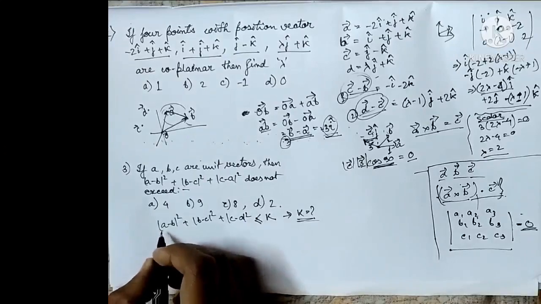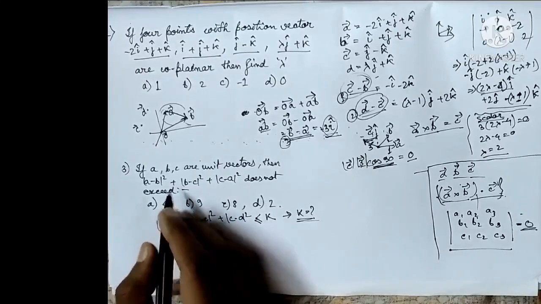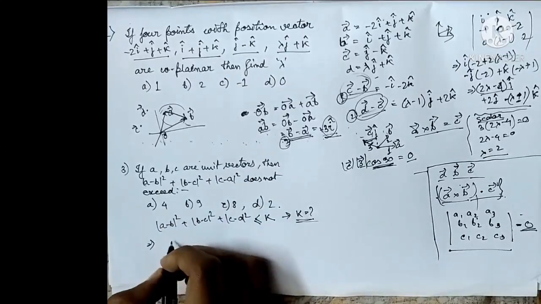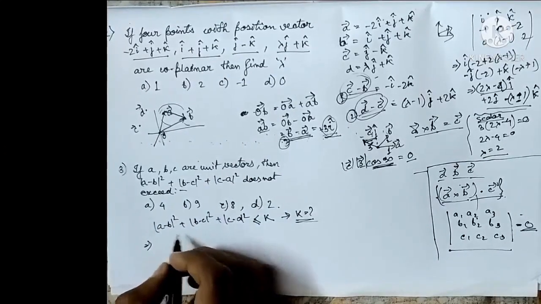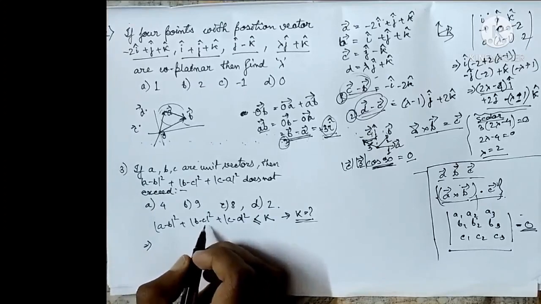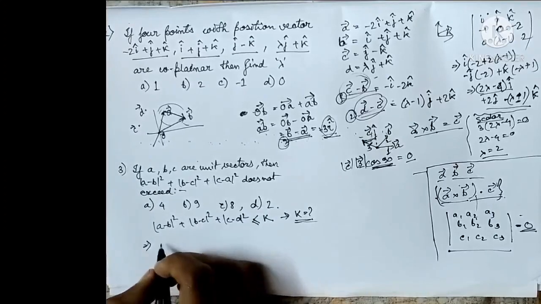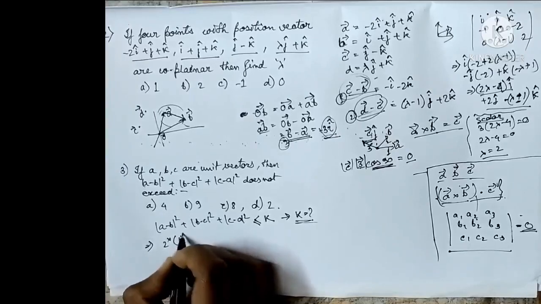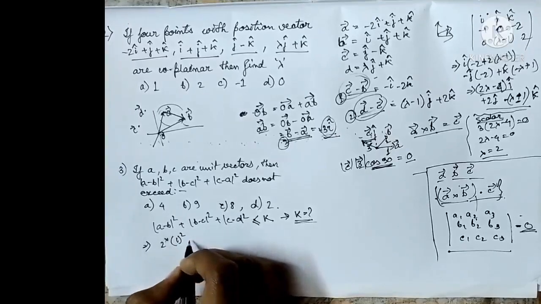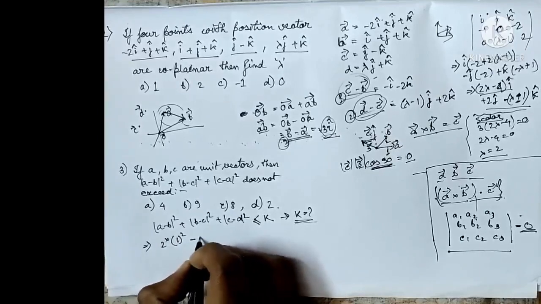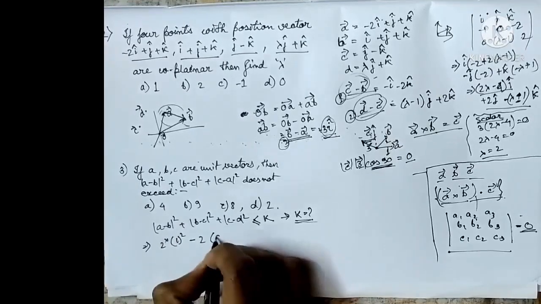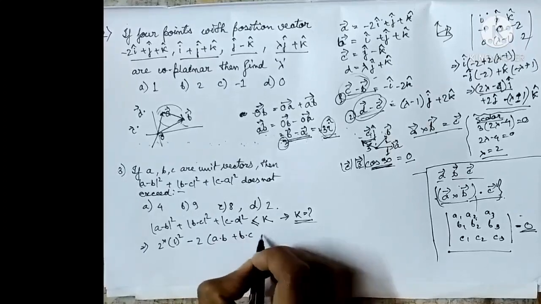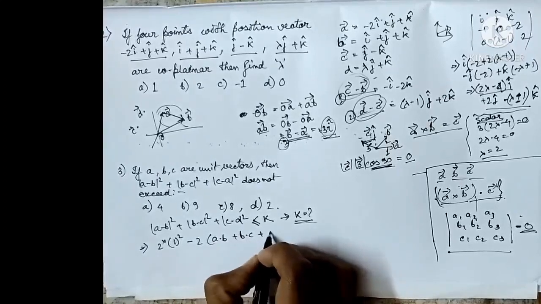For any of these vectors we have unit vectors, so we get 2 times each unit vector square, that is 1 square, minus 2 into a dot b plus b dot c plus c dot a.